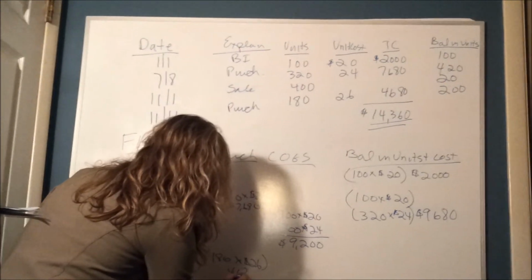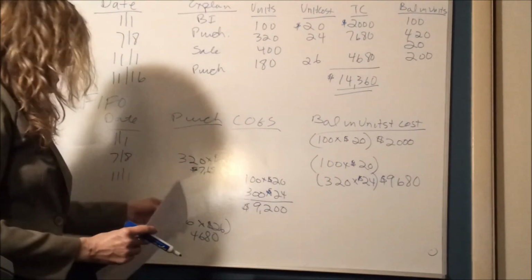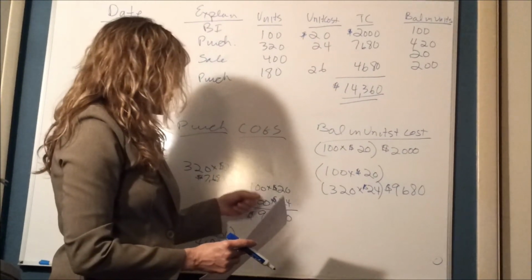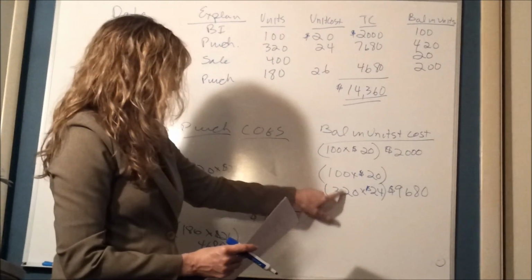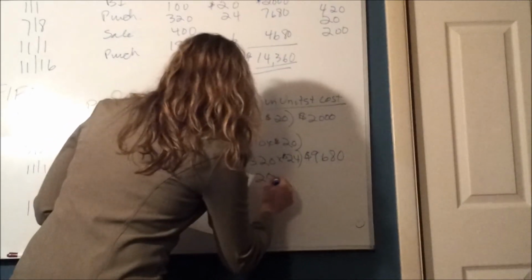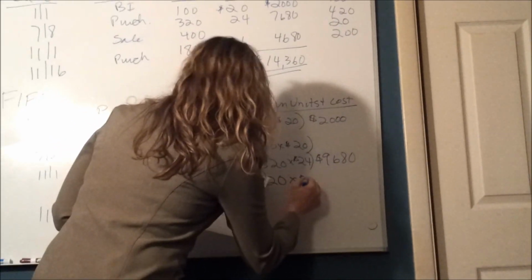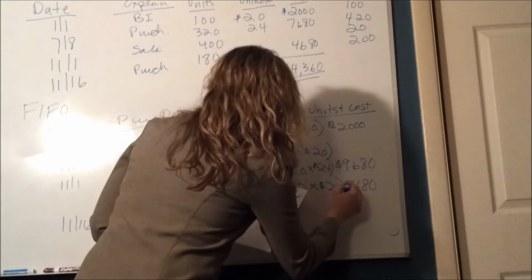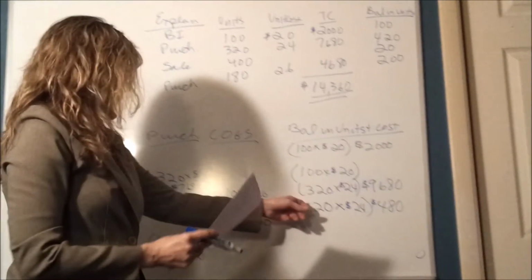Okay? If we go back here on November 1st, we had sold 400 units. We had 420. So we had 20 units left at $24. So our inventory at that time was 480.